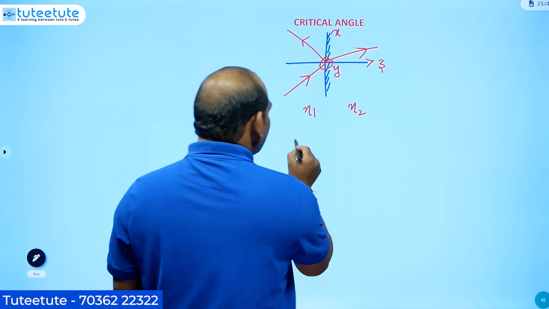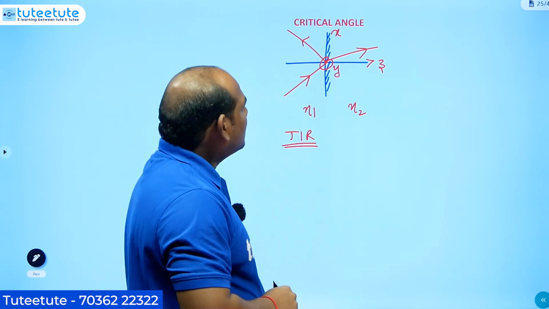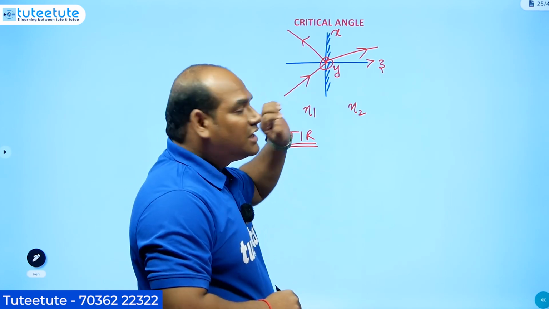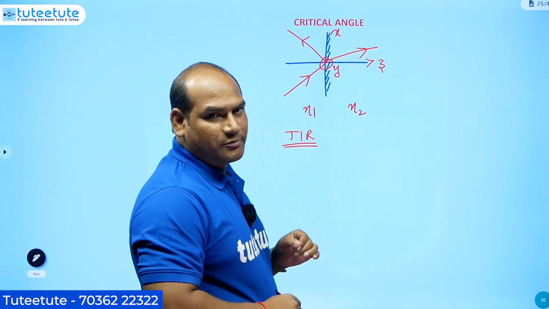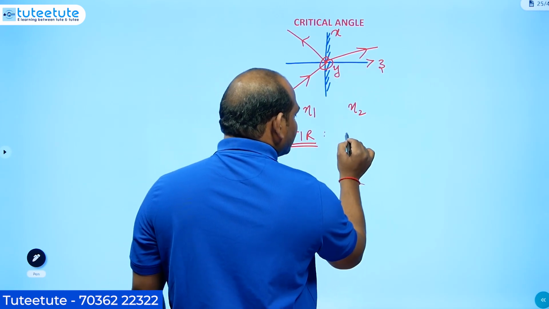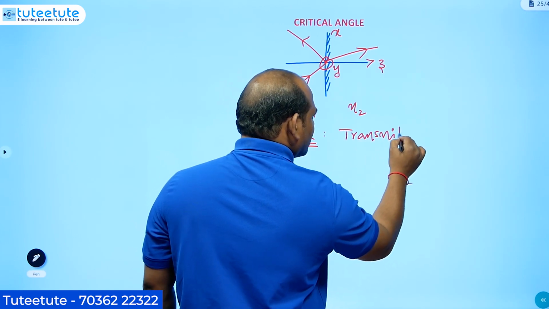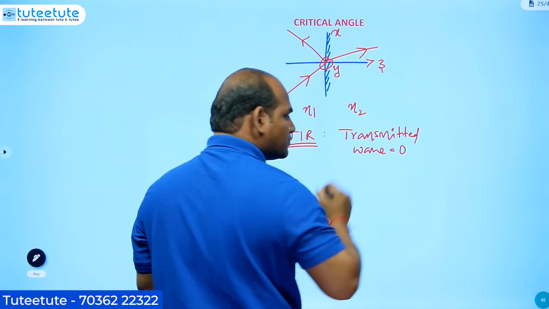In case of total internal reflection, we have studied how the entire incident wave is reflected into the same medium 1 without transmitting into medium 2. Whenever we are talking about total internal reflection, there is no question of a transmitted signal. Transmitted wave is equal to 0.